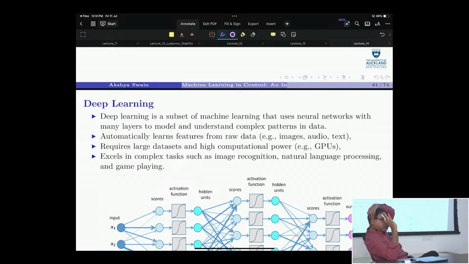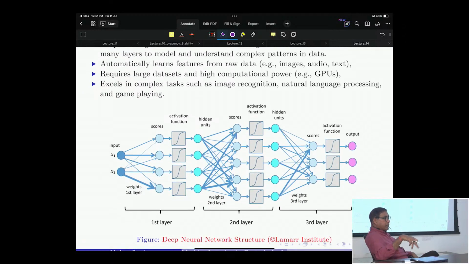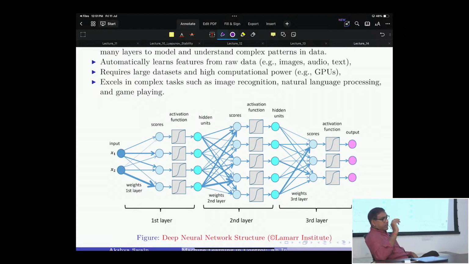Earlier it was the MLP-based network. This convolution neural network, CNN, or what is called the deep neural network, came with an application in mind, the image processing applications. There are multiple layers, all these things. People are using it in control, I am telling you, not because people are intelligent.